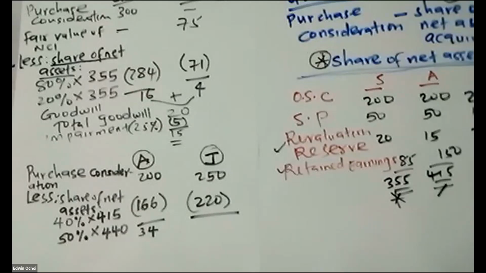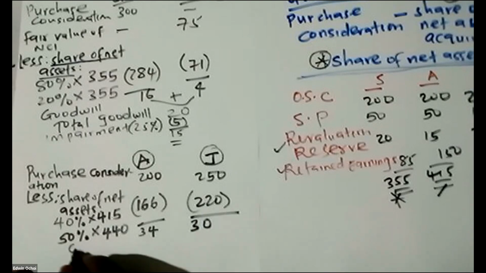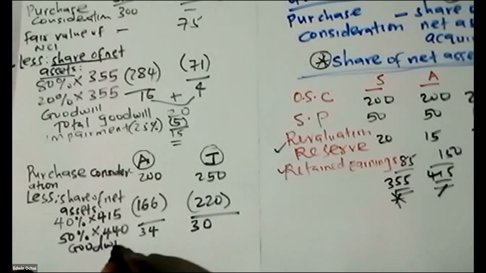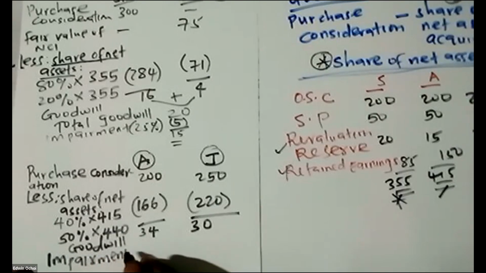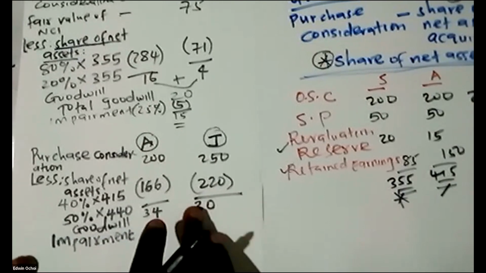And for the 250, this is 30. So this is the goodwill. They say the goodwill arising from all the investee companies was impaired by 25%.